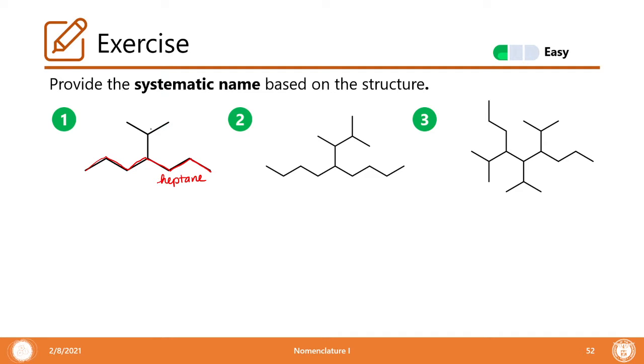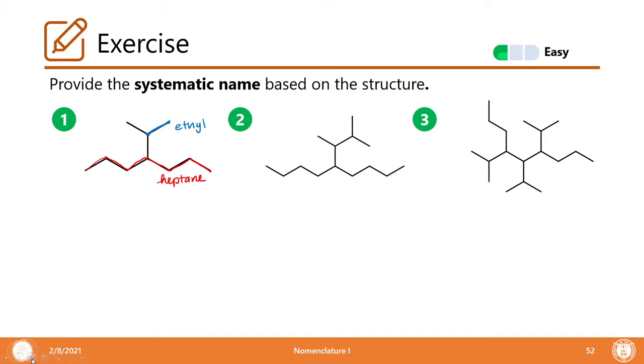What we do is we start from this carbon, that's 1, and then we go and find the longest substituent parent chain, 1, 2. So we have 2 carbons here, and so this is ethyl.